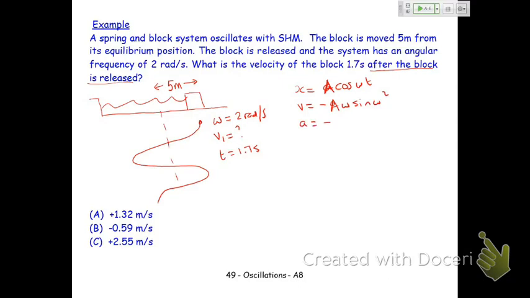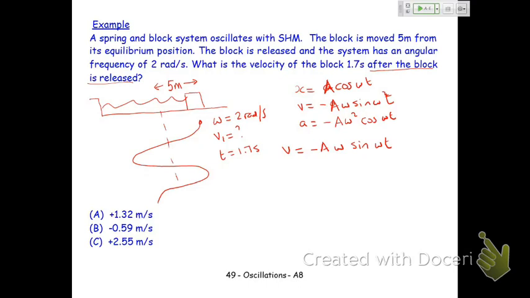Minus A omega squared cosine omega t. Why do I write them down? I write them down because the more you write them down, the more you're going to remember them. I want the velocity. So the one I'm picking is v equals minus A omega sine omega t. I didn't write down that omega t, sorry. Okay. So it's minus A omega sine omega t.